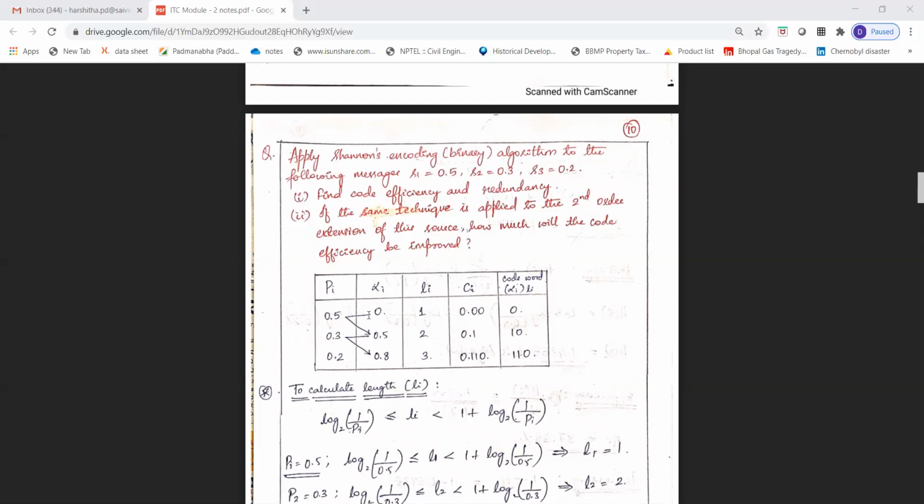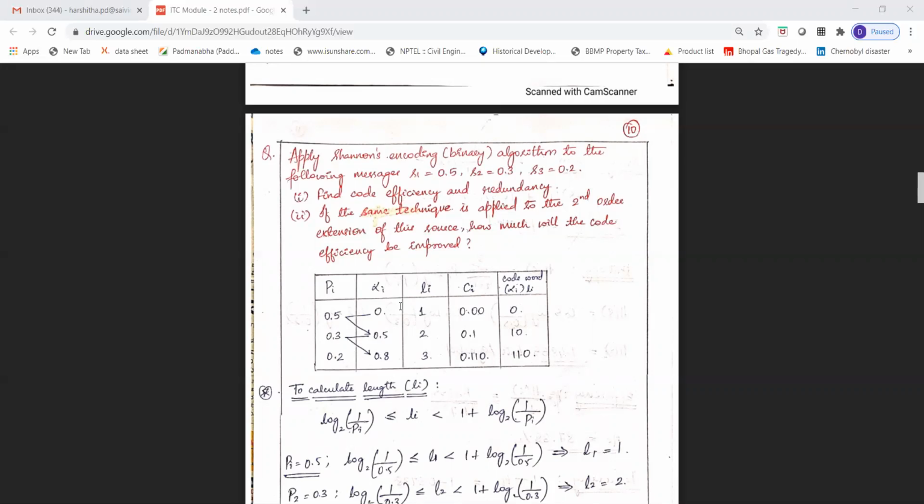If you observe this arrow mark, 0 plus 0.5 I'll be doing, and then the total sum I'll be writing here. And next, the third value: this 0.5 plus 0.3 I'll be writing below 0.5. So 0.5 plus 0.3 is 0.8. So the third value is 0.8.